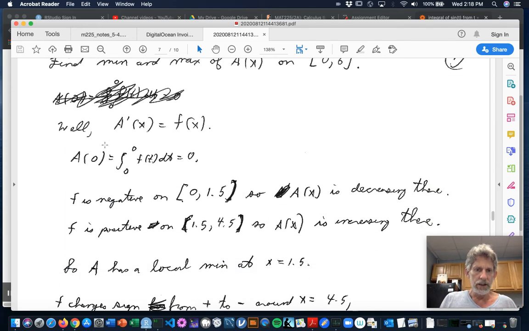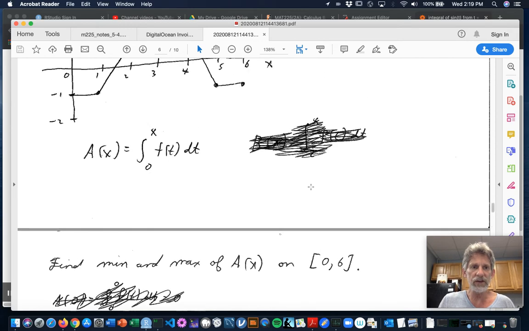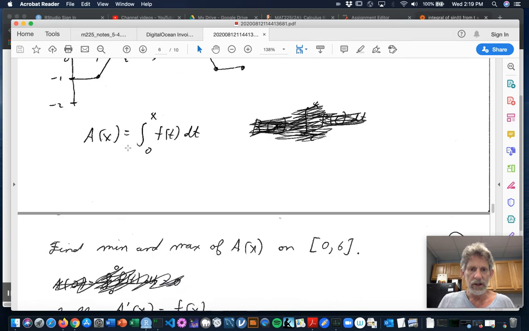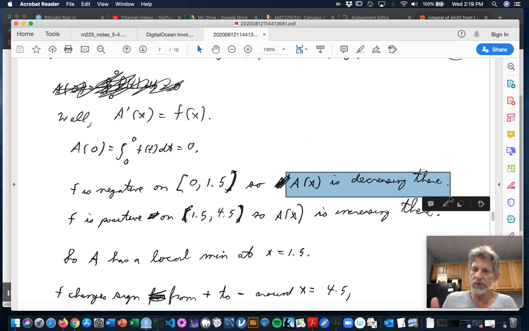So that means that when your x is anywhere from 0 to 1.5, the A of x is going to be negative at those places, and it's getting more and more negative as x gets bigger. The bigger x is, the closer it gets to 1.5, the more negative area I've accumulated. And so the A of x is actually going to be decreasing on that interval as x goes from 0 to 1.5.